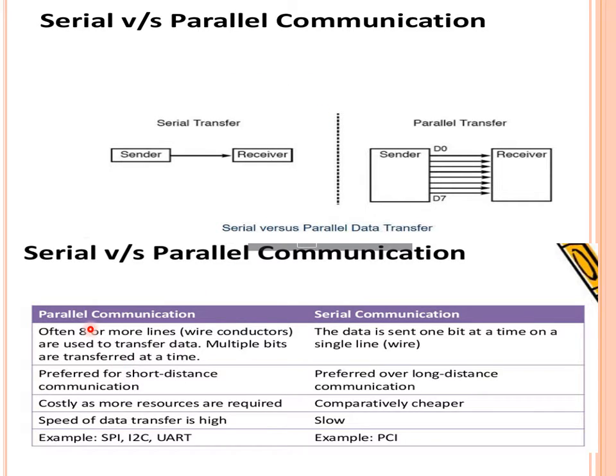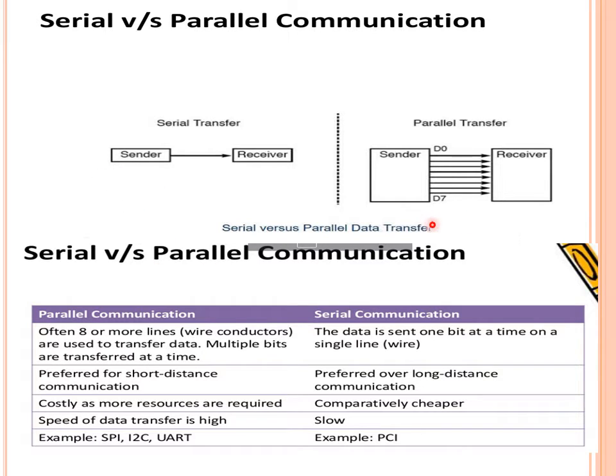In parallel communication, 8 or 4 lines are required to transfer data, and multiple bits are transferred at a time, whereas in serial communication, data is sent one bit at a time on a single line. Parallel communication is preferred for short distance, whereas serial is preferred for long distance communication.